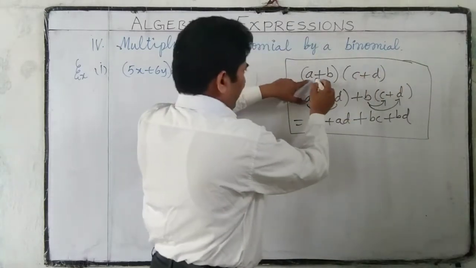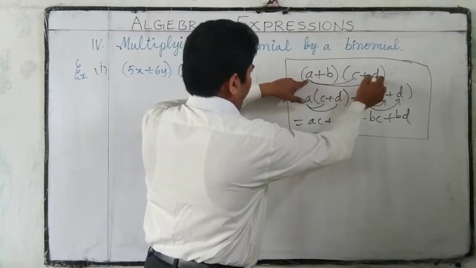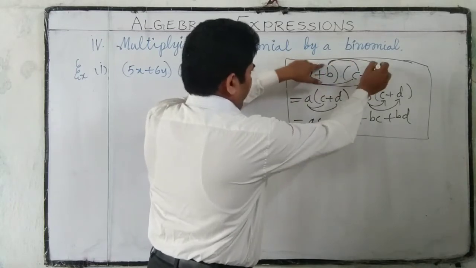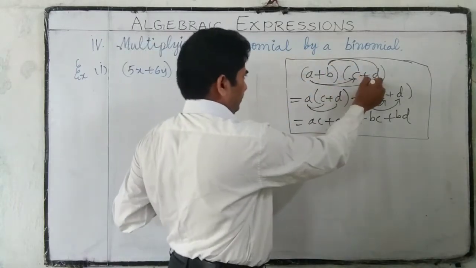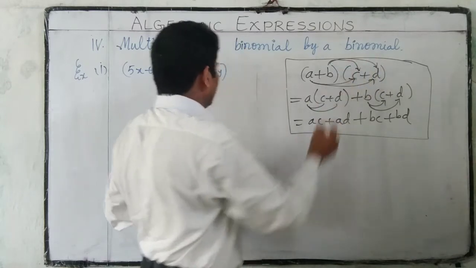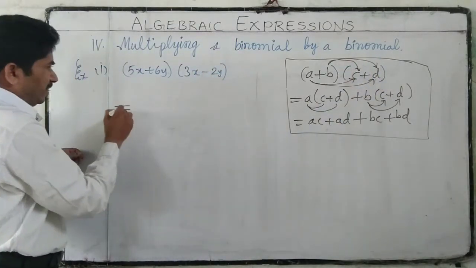We can directly multiply like this: ac plus ad, bc plus bd. So we can multiply directly.